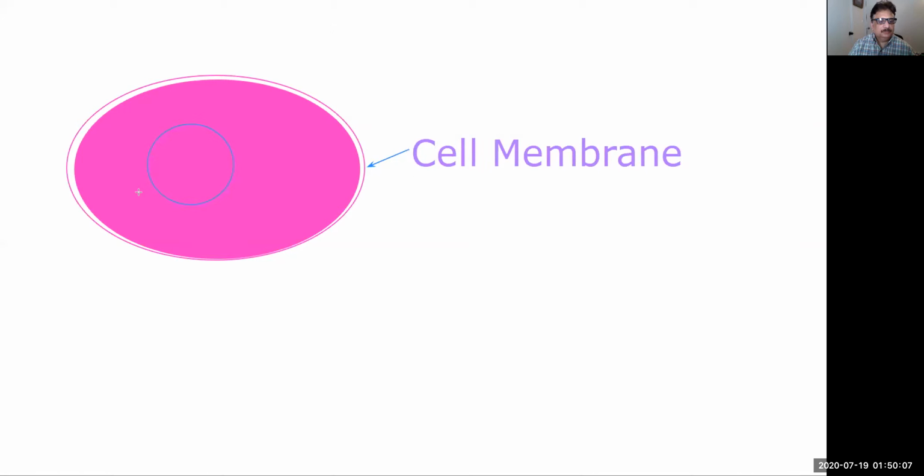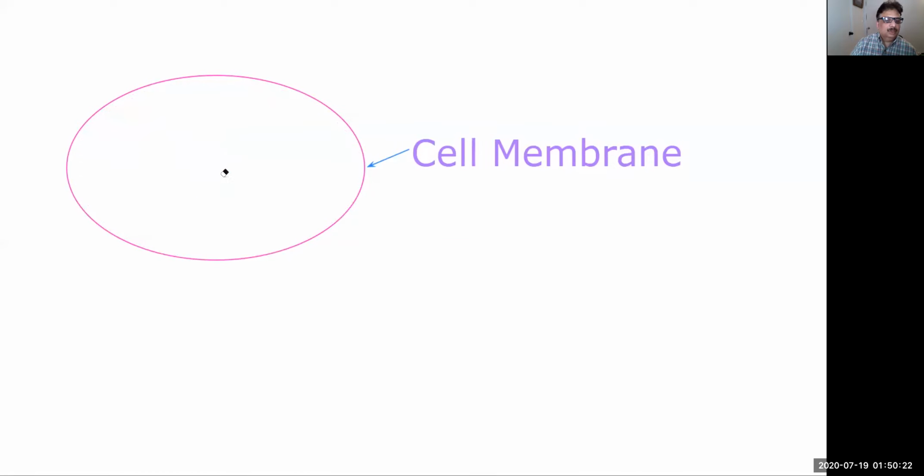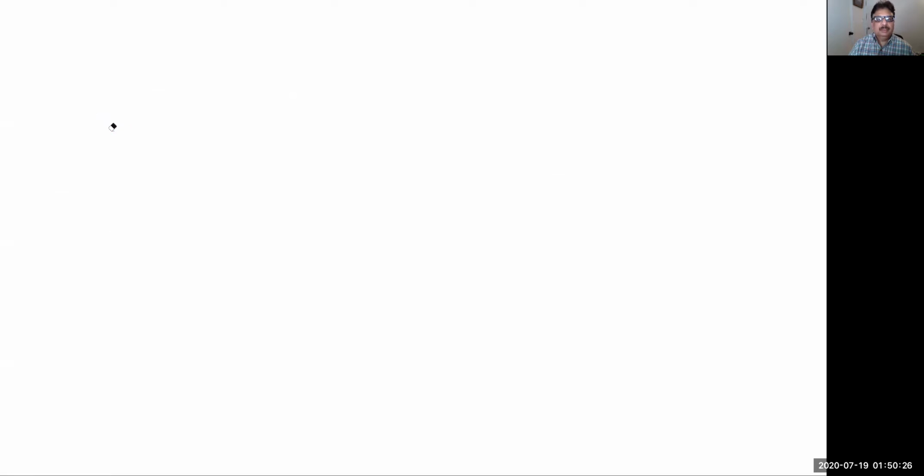Now, as mentioned, human cells have a nucleus. This nucleus is present inside the cytoplasm. Right? So let me make it again. So this is the cell membrane. Within the cell membrane, there is another organelle.